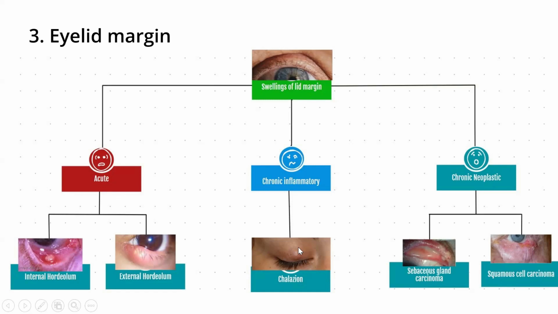Or it can be a chronic granulomatous inflammation of the meibomian gland, which is seen as chalazion, or it can be a neoplastic condition where you see sebaceous gland carcinoma or squamous cell carcinoma. Of course, you have to look for the abnormalities, and if you don't see any, you don't write it. You'll say it is normal, right?